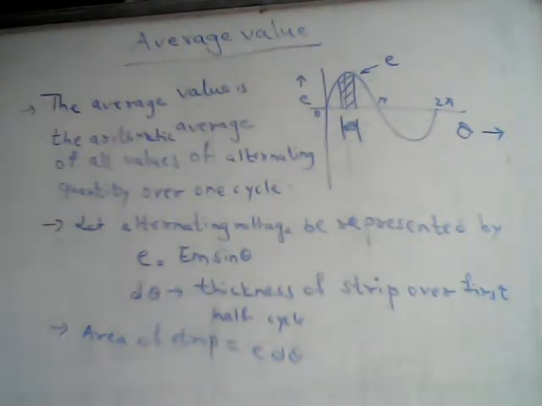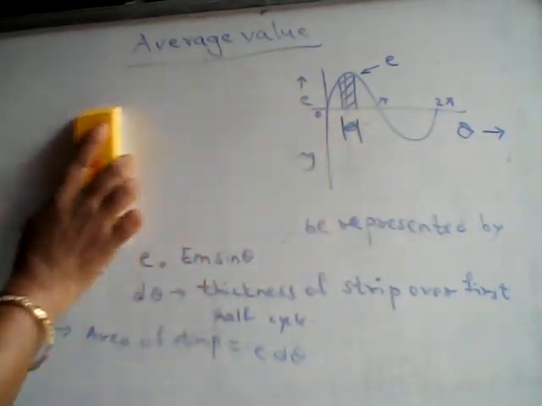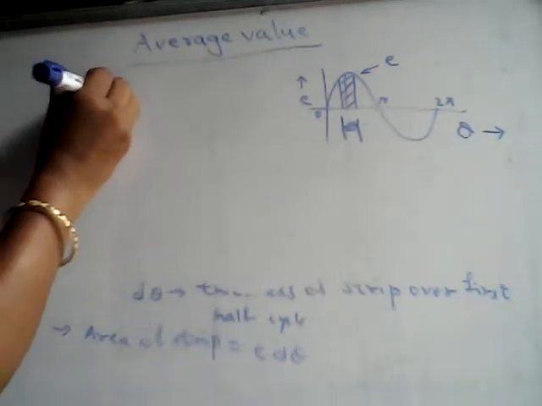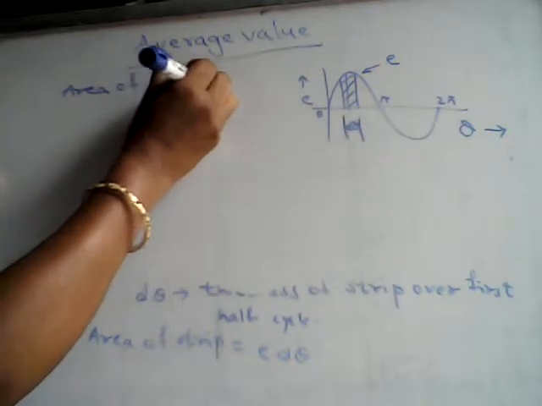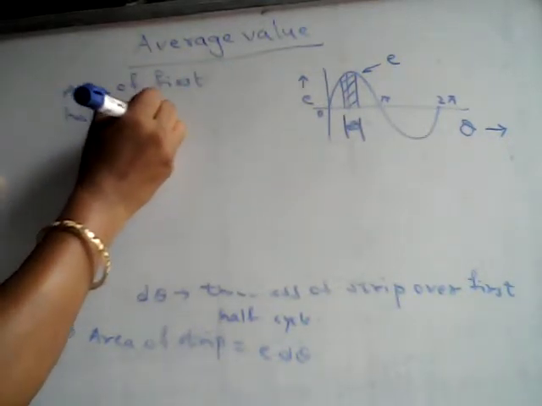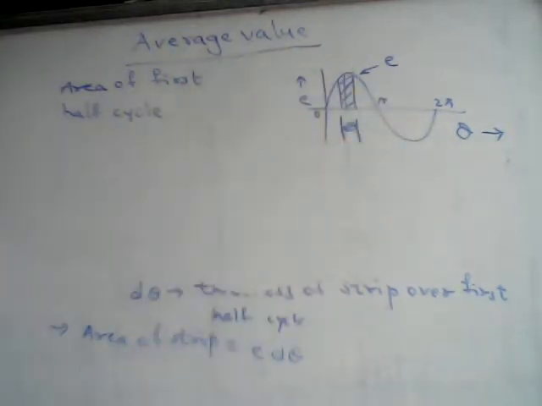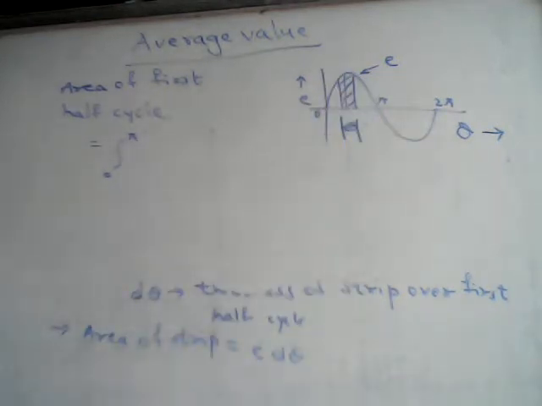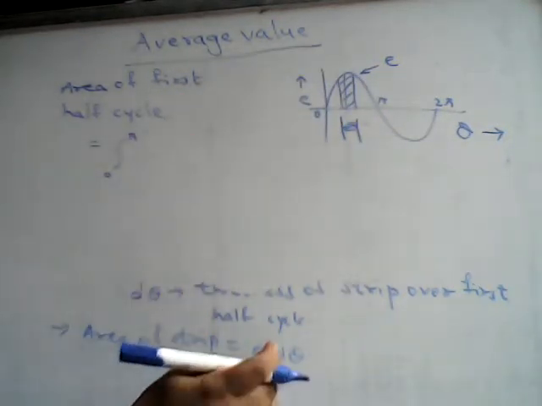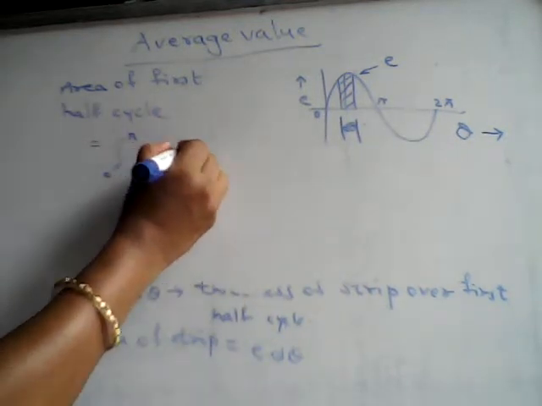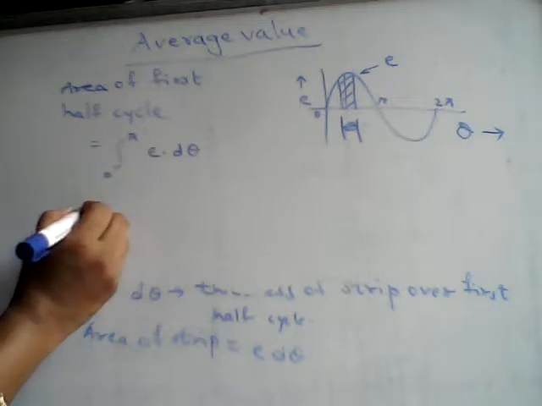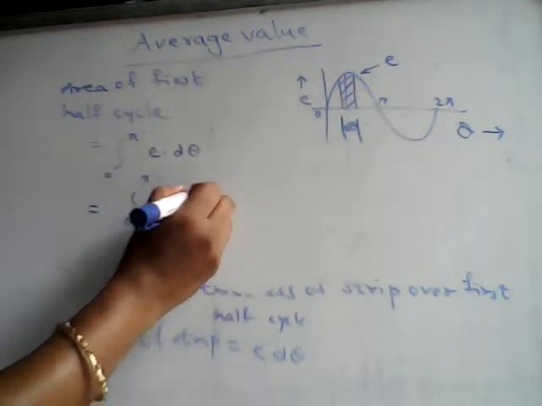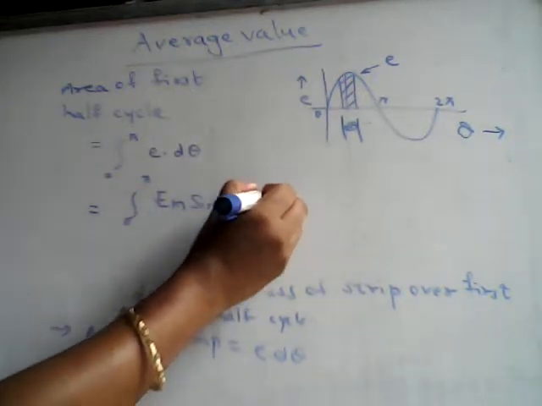Now to find the area of the first half cycle, from here to here, the area is given by the integral from 0 to pi, because we are taking the interval from 0 to pi, of the area of the strip, which is given by E into d theta. Now if we simplify, we know that E is given by Em sin theta into d theta.